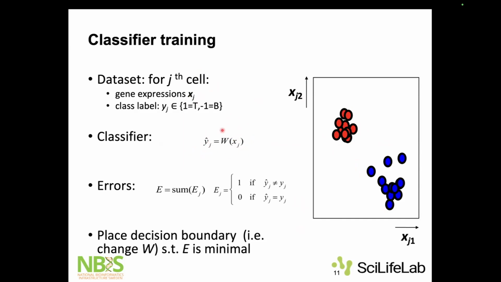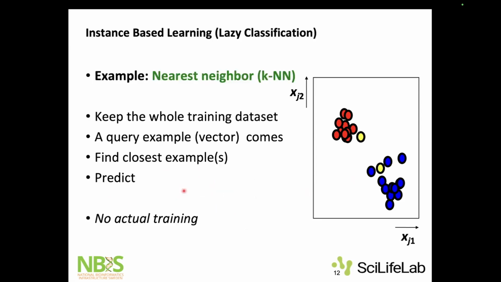So that is simply what it does, describing the boundary for us. And the goal when we are training the classifier is to minimize the error. We don't want this classifier to make mistakes, so we don't want a blue one to be predicted as red or a red one as blue. So we look at this to minimize it when we are training.